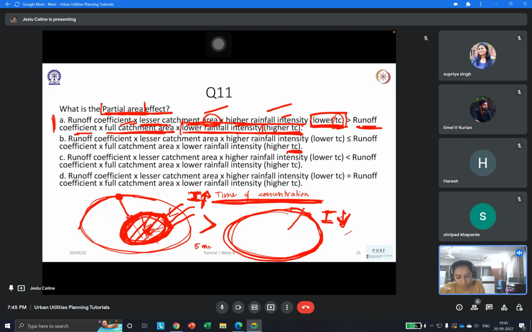Over here it is a lower rainfall intensity. Had the intensity of rainfall been low in both the cases, then this might not hold true. Because in the first one the intensity is high, it's not the area which matters. Even if the area is less, because the intensity is high, the overall surface runoff can be higher. Right. Supriya, is that clear now?